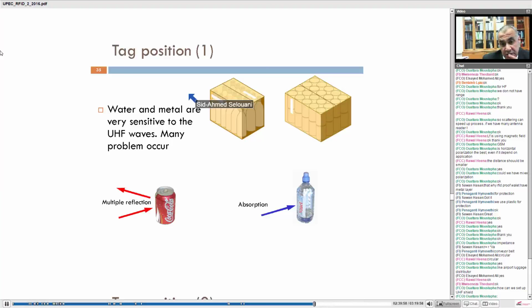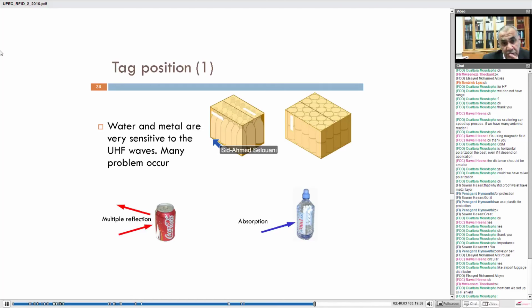So when you are dealing with a bottle of liquids and metal like this, and you have this box and you have your tags here, and you are using UHF because it has a long read range, you have to manage this. So it's very important.